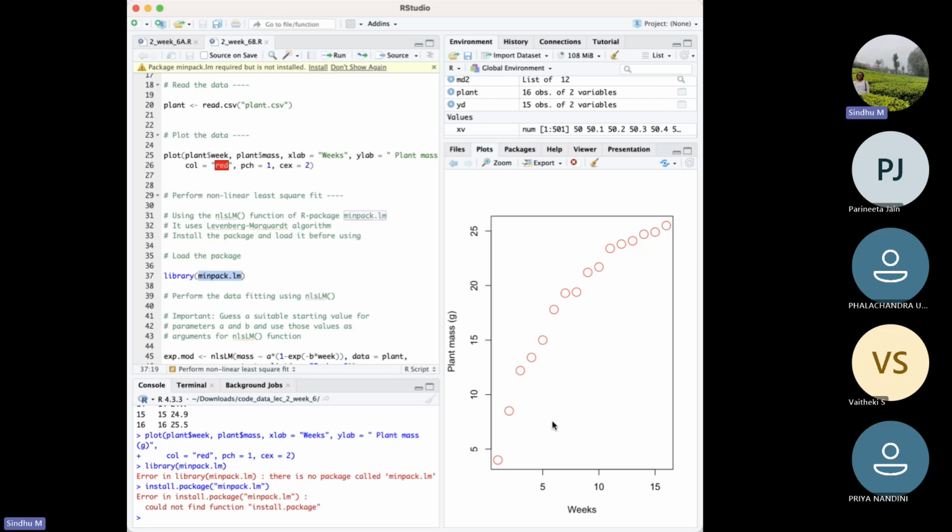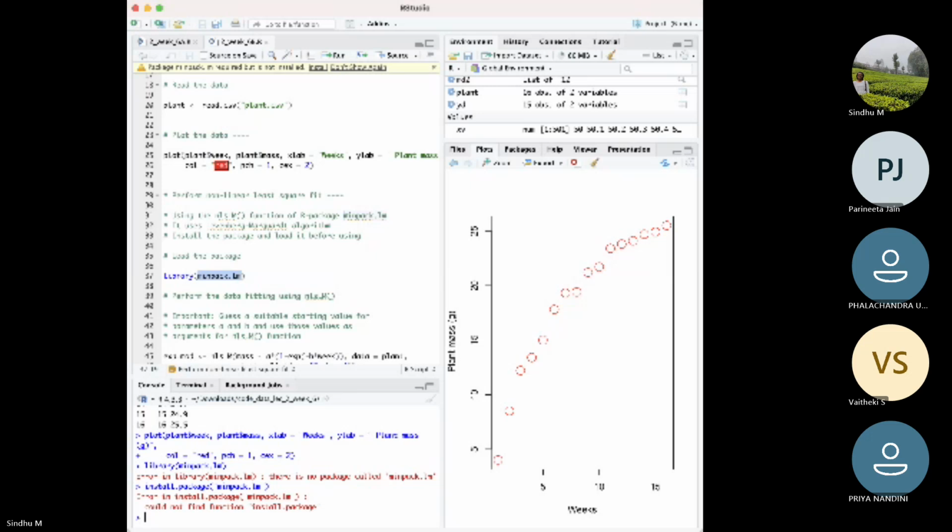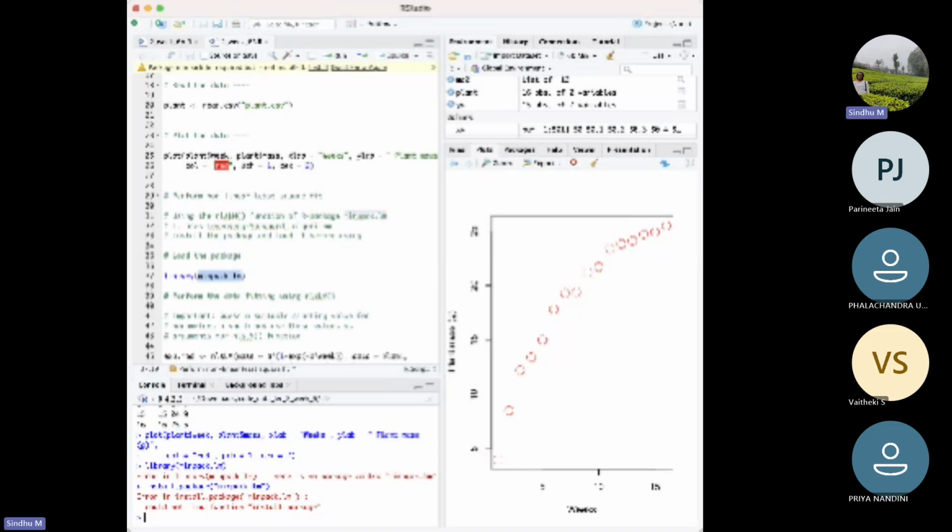So I will also put it in the chat box. So you can also write the same line.